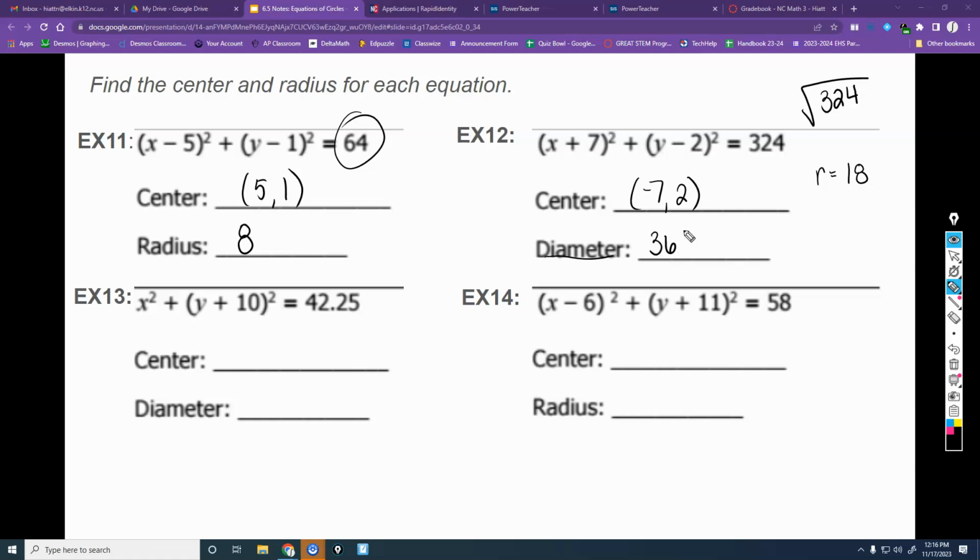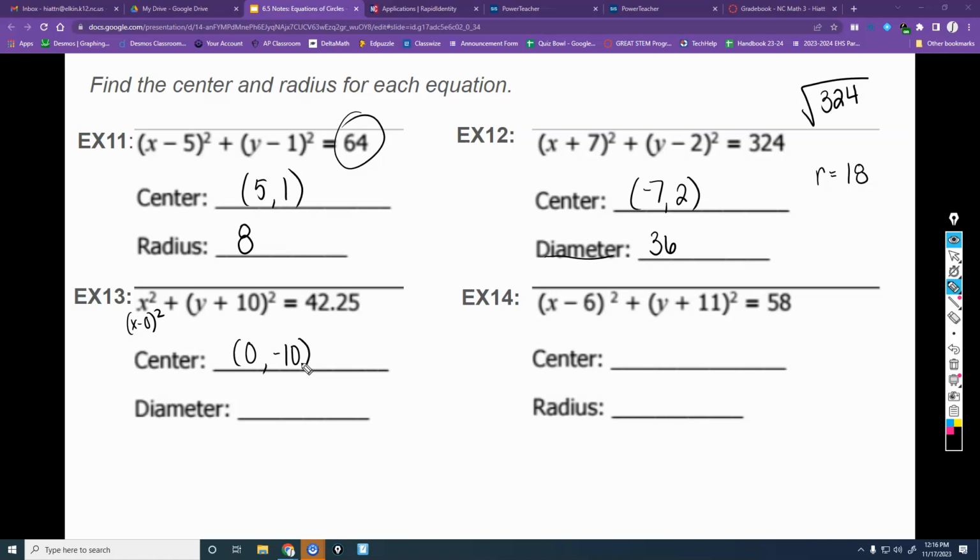Okay. Presley, what would the center of 13 be? That is like an x minus 0 there. So it would just be 0 for that x coordinate. 0, -10. Perfect. This one's a little trickier.